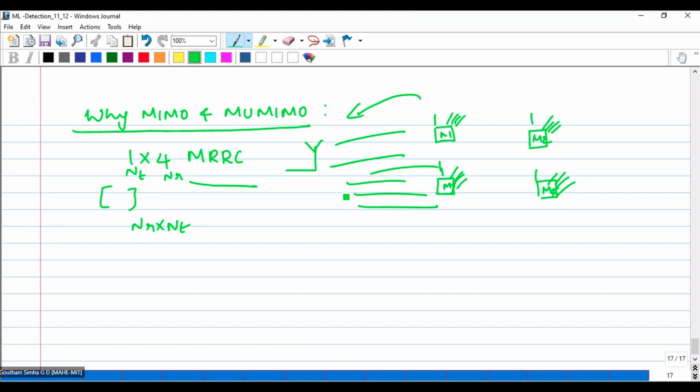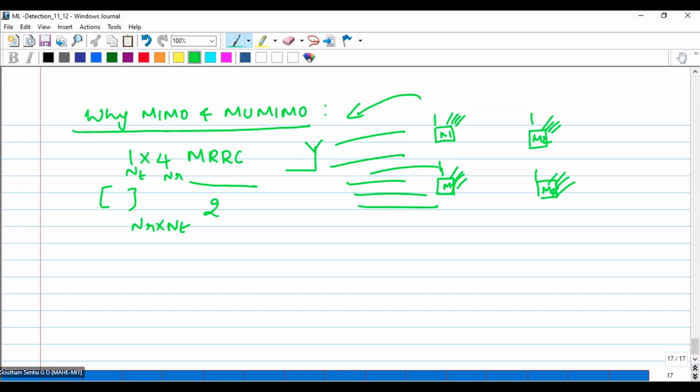Now, is it possible for me to have a multi-user communication with this? At the same time, if M3 wants to have a communication through this network to M4, it becomes difficult, isn't it? One transmit antenna, it is dedicated and it is transmitting a piece of information. Now with this 1x4 MRRC, the multi-user concept is not possible.